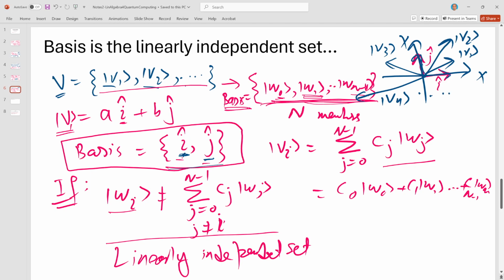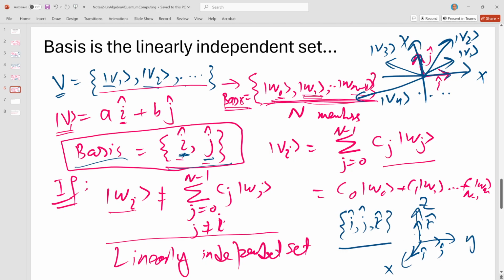So this set where each element cannot be written in terms of the others, we call it a basis. For example, if you have a three-dimensional space x, y, z, there's a unit vector i, unit vector j, unit vector k. So this is also a basis because you can't write any one of them in terms of the other two.